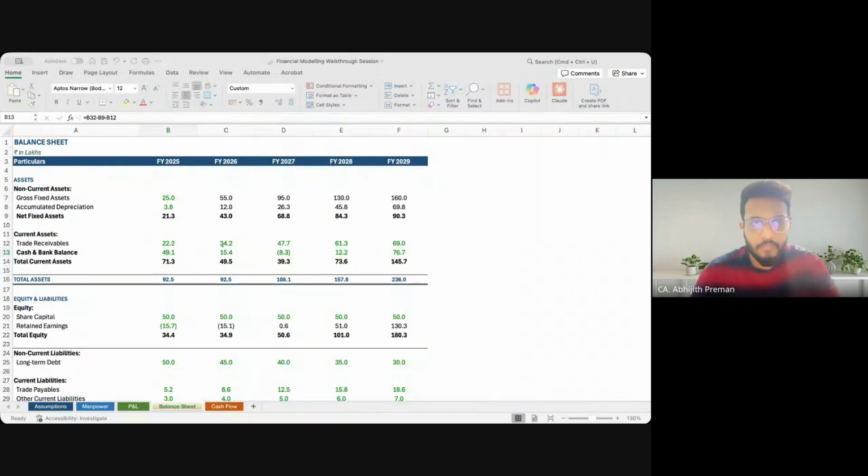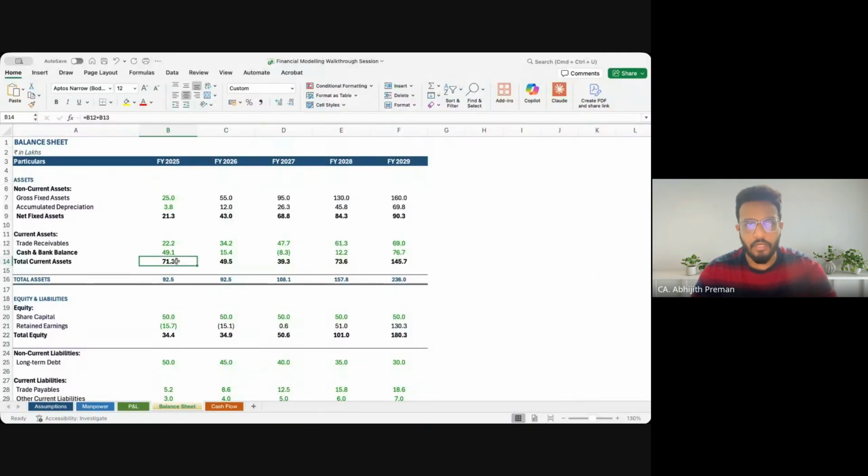I've kept minus 8.3 as cash in the third year to pinpoint that. Typically it should not be there, because in no instance should cash be negative. Either you bring it as a loan or find some sort of investment and adjust it.